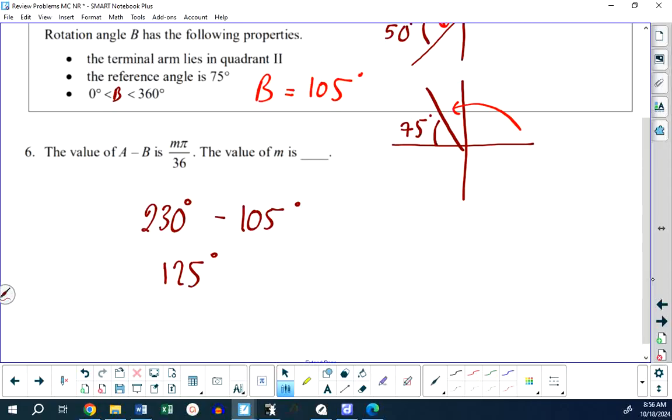So 125 degrees, what we can do here now is say x over 125 degrees equals pi radians over 180 degrees, and cross multiply and solve.